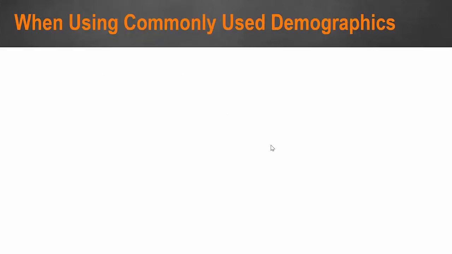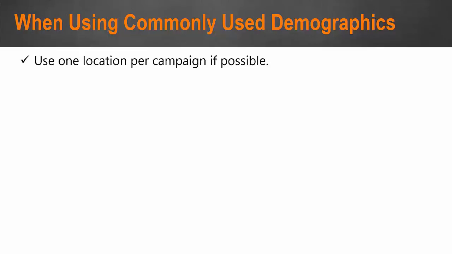When using commonly used demographics such as location, age, gender, and language, take note of the following. Use one location per campaign if possible. This way, you can avoid audiences overlapping each other if you are running multiple campaigns.